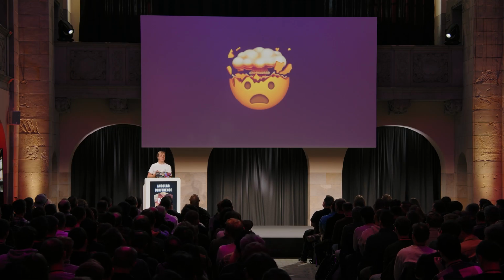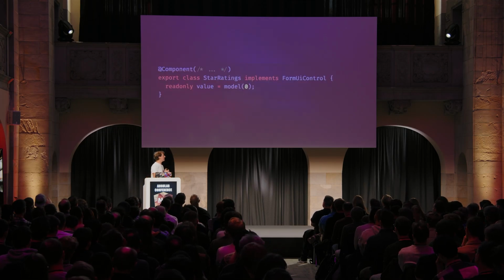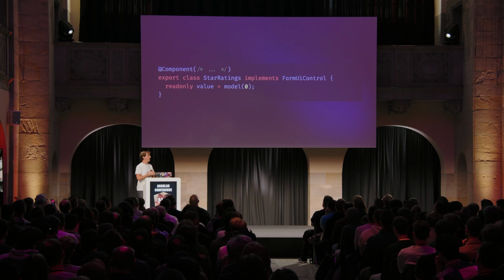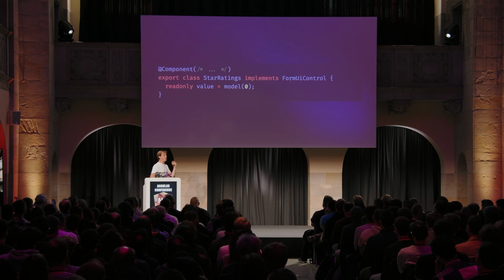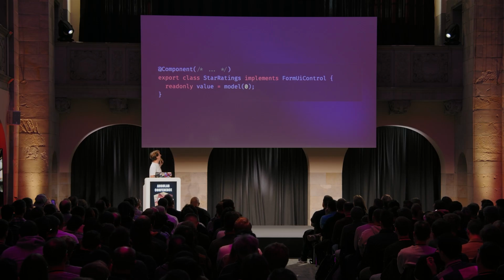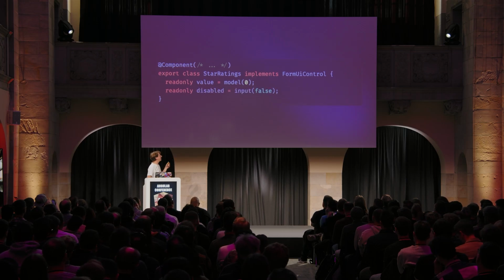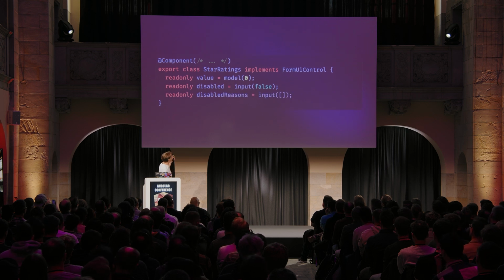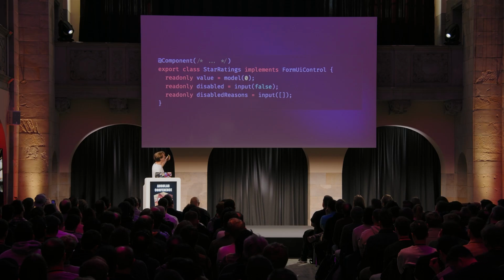And it might look a little bit like magic, but it's actually not that much. We have an interface that will just tell you, OK, these are all the signals that if you provide them, we will directly support it into the form support. So if you have a value that is model, if you have an input that is disabled, if you have an input that is disabled reasons, which generate a string or reason, I don't remember.